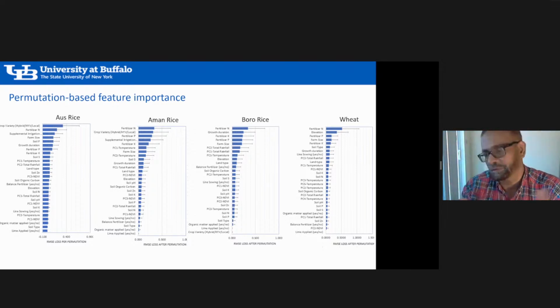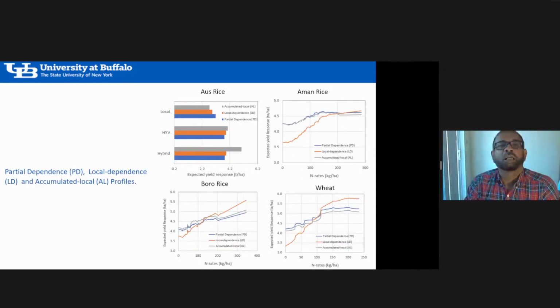This is the yield difference between north and south in Bangladesh. I'd like to say something about the partial dependence plot and the accumulated local profile. These are two concepts people are using now, accumulated local profile alongside partial dependence. Why are they using this?